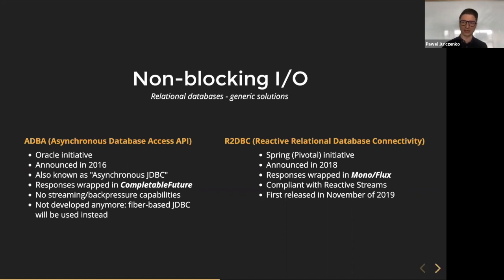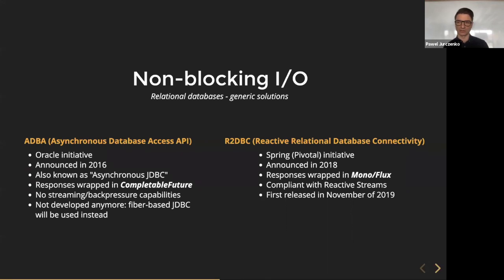Instead, Oracle said that they will wait until Project Loom is released, and then JDBC will be based on fibers and not directly on JVM threads, which means that if we perform a database call using JDBC, the call will be blocking, but it will be blocking at the level of a fiber, and this blocking will not propagate as blocking of a JVM thread.